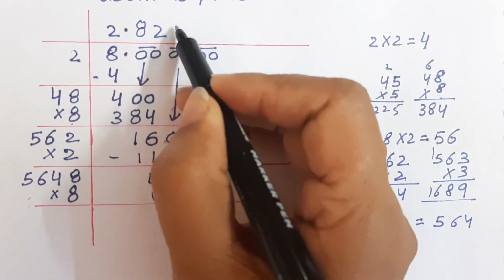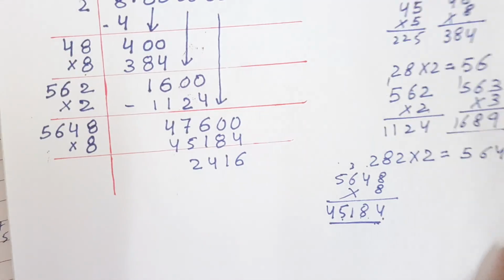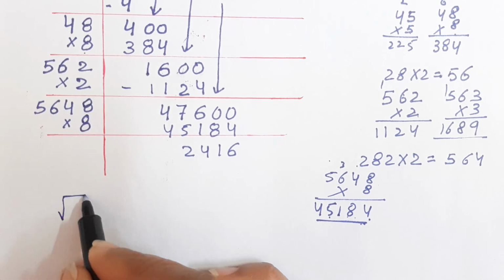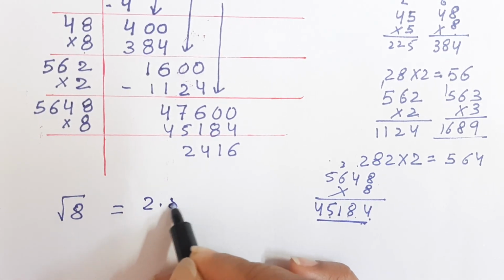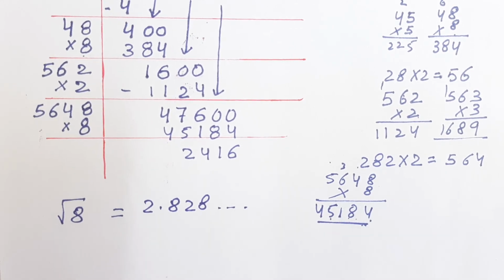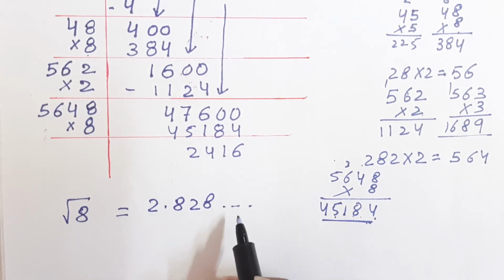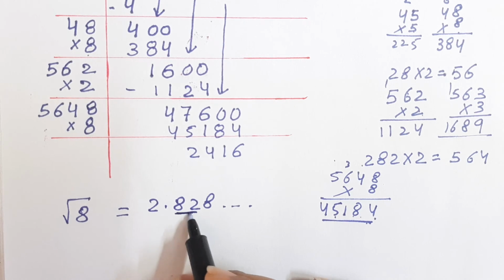Now since we have taken 8 here, so therefore the square root of 8, now this is very important how to write this, is 2.828 and more digits also, right? Because it is not a perfect square. So as per the question, we need only 2 digits after the decimal.